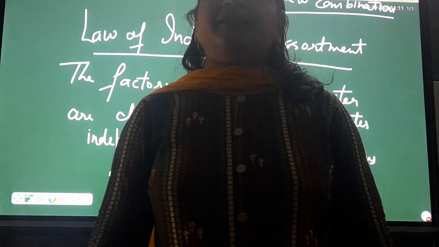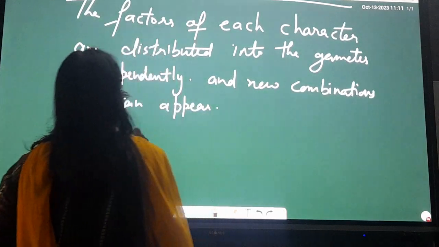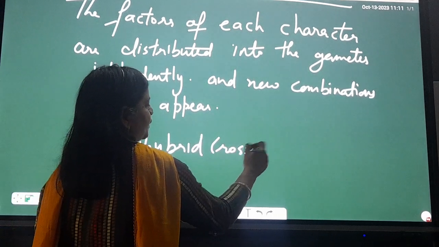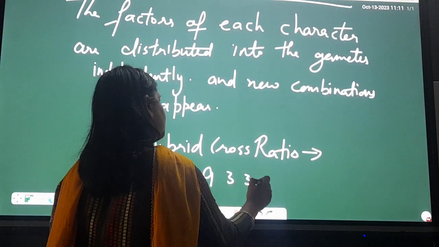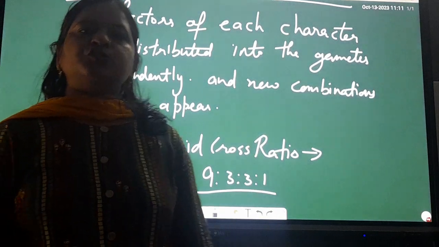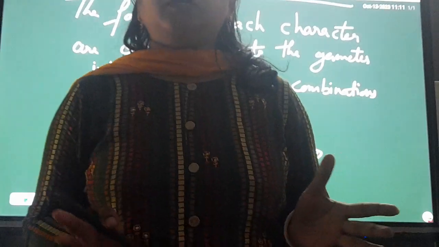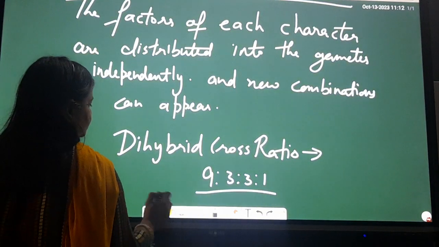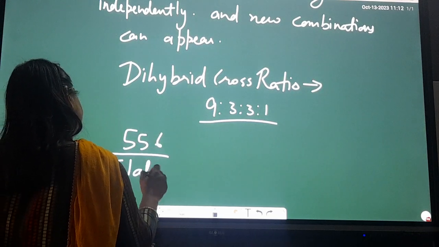So this was Mendel's dihybrid cross, and you can revise it as the dihybrid cross ratio obtained by Mendel, which was 9:3:3:1. He detected that ratio by calculating all the seeds. The total number of seeds he obtained was 556.